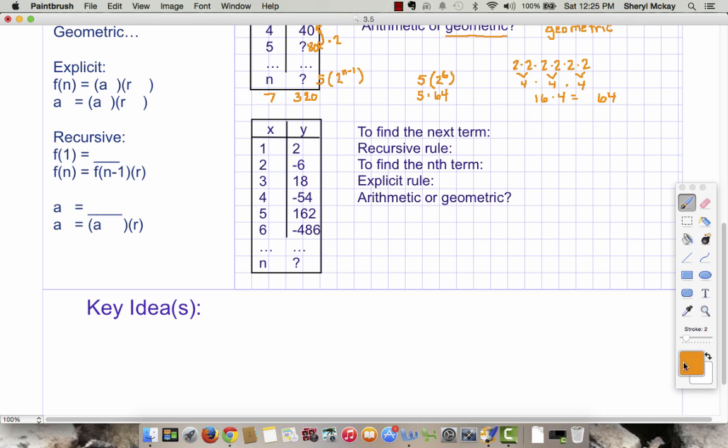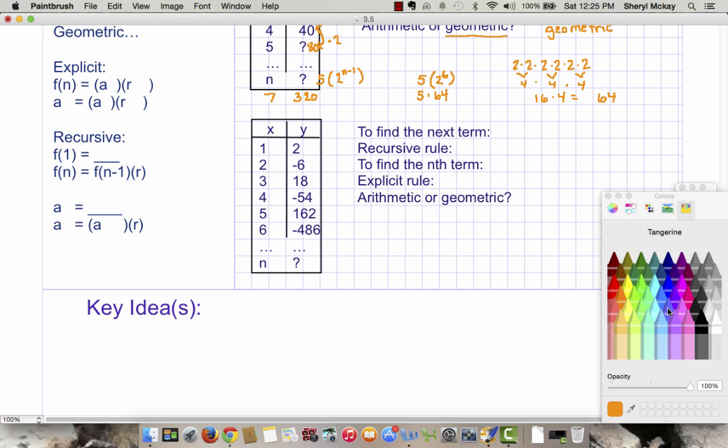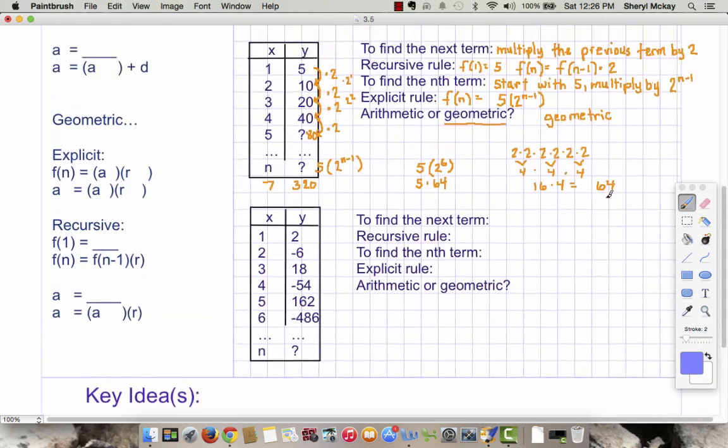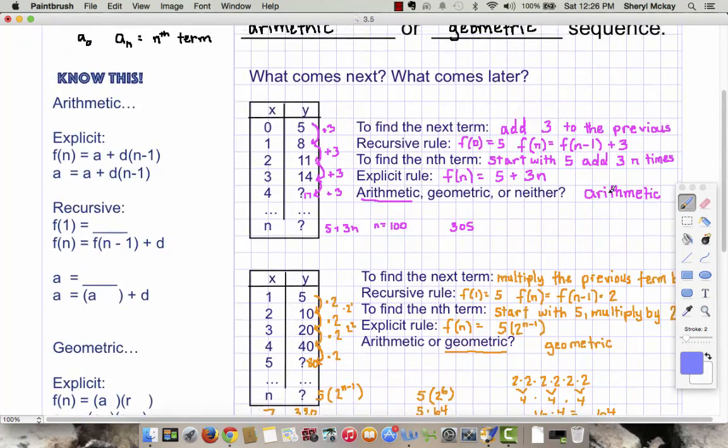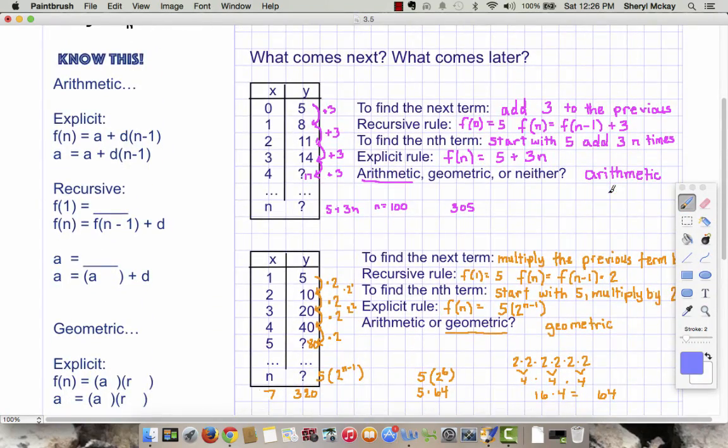Let's do this one. And this time I'm going to use a little bit different notation. I've been using f of n all along. This time I'm going to use a different notation, and I want to show you what I mean. So let's look over here at the know this section.